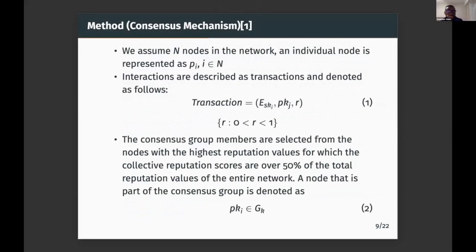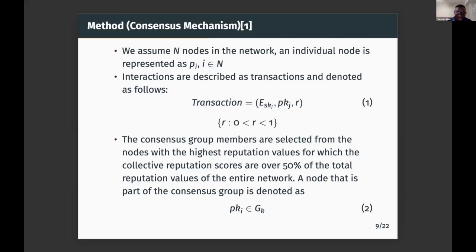So more specifically, the consensus operates as follows. We assume N nodes within the network, and an individual node is represented as Pi, where i is an element of N. The interactions between the nodes are described as transactions, and we denote that as a tuple containing 3 elements: E to the subscript SKi, which is the encryption of the data that is signed by the secret key of the provider, the public key of the receiver, and finally R, which is the rating, which is a value between 0 and 1.